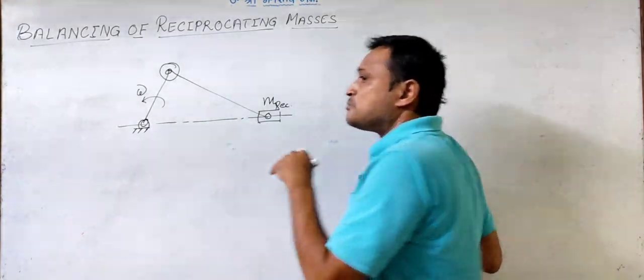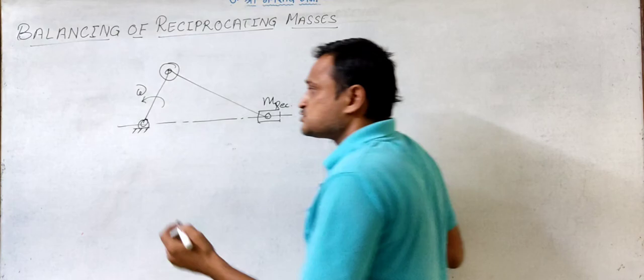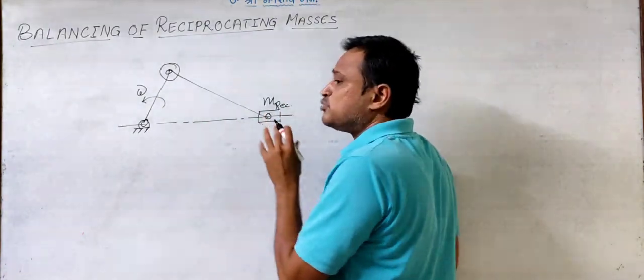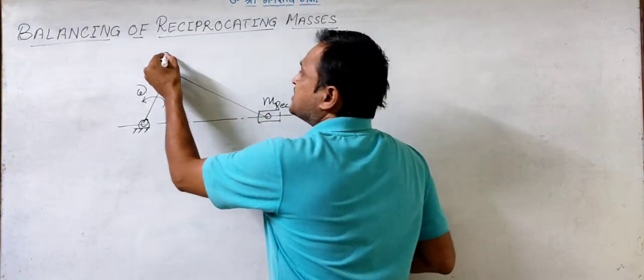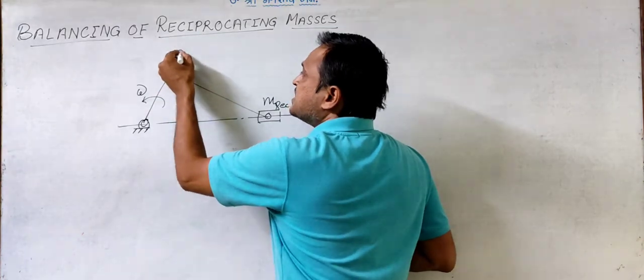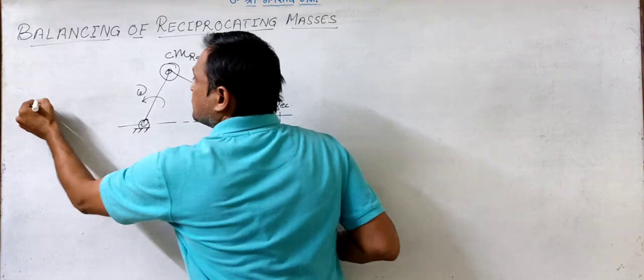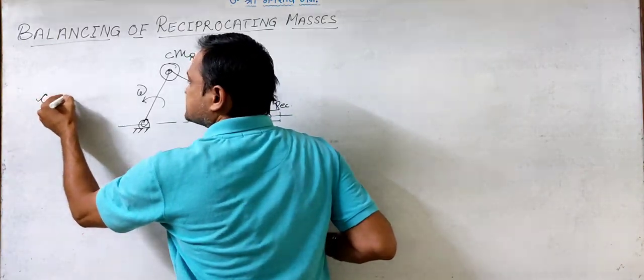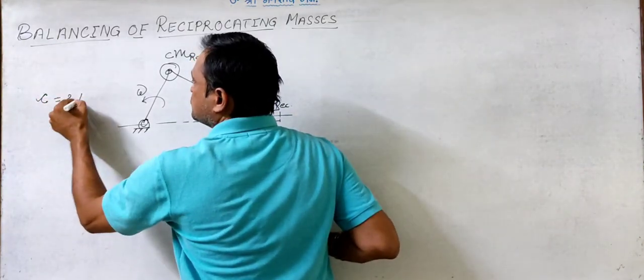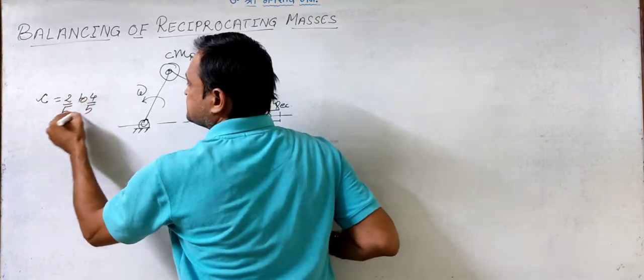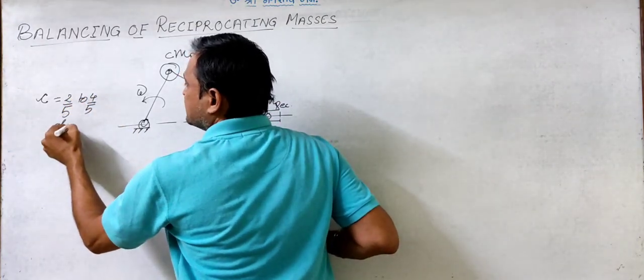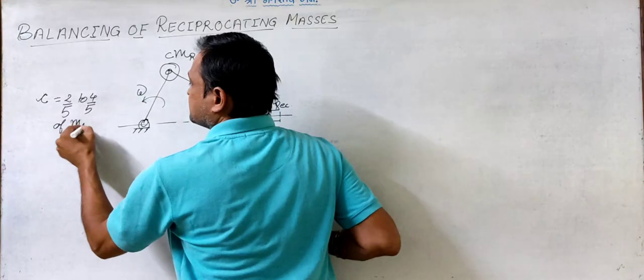So, we are partially balancing it. We are considering a portion of this reciprocating mass, which is C times m reciprocating, as we have seen. This value of C, this fraction, is somewhere from 2/5 to 4/5 of the reciprocating mass.